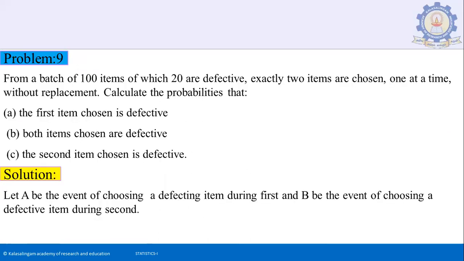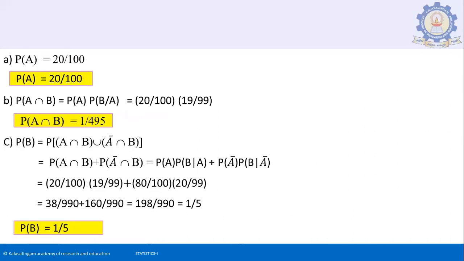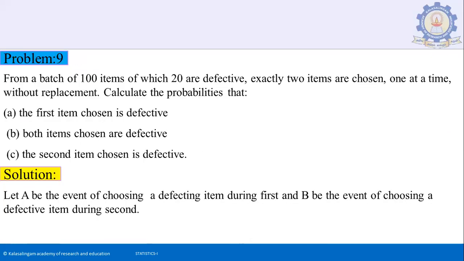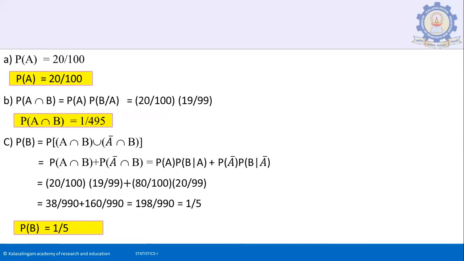Now P of B, the second item chosen is defective. We don't know anything about the first item. It may be defective or good.